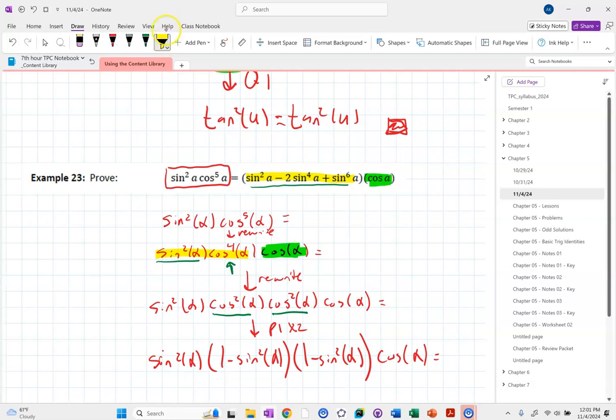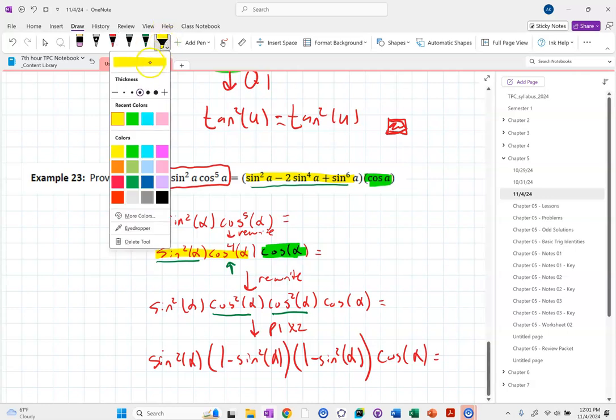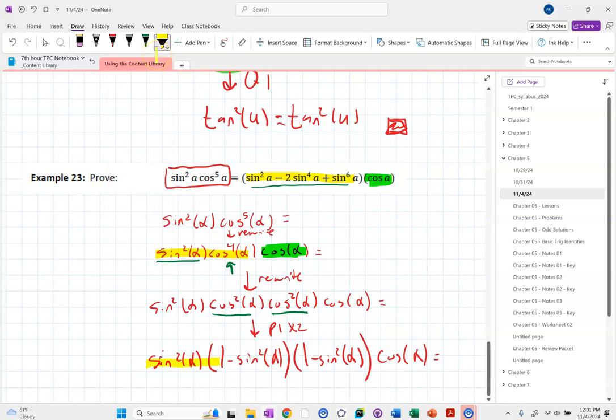Now everything is sine squareds, right? So this stuff here has got to just turn into that. Okay, well, I have 3 things multiplied together and then 1 thing.